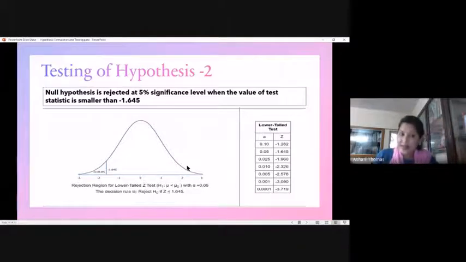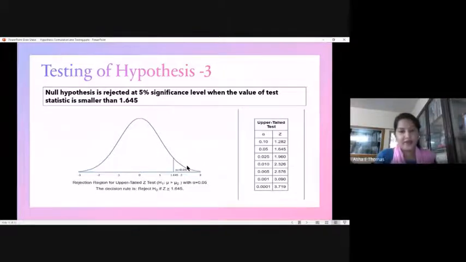When it is smaller than negative 1.645, the risk is that it gets rejected because of the type 1 error. And when I know the direction that it is positive, it is more than, so when it is greater than 1.645 at 5% significance level, there is a possibility of commission of type 1 error.